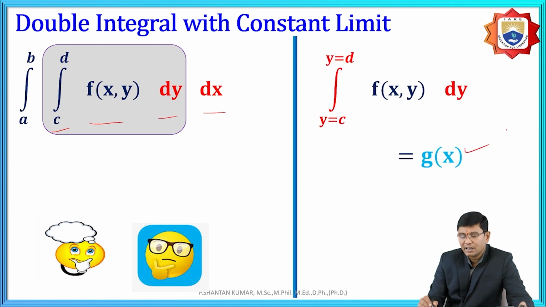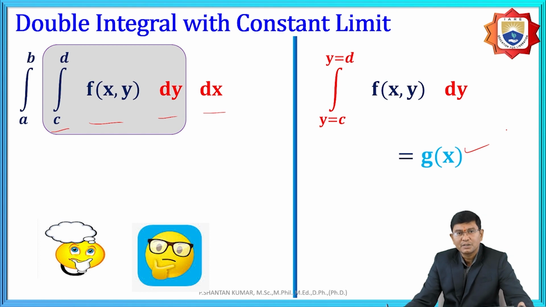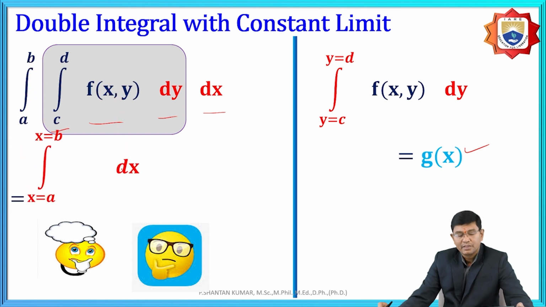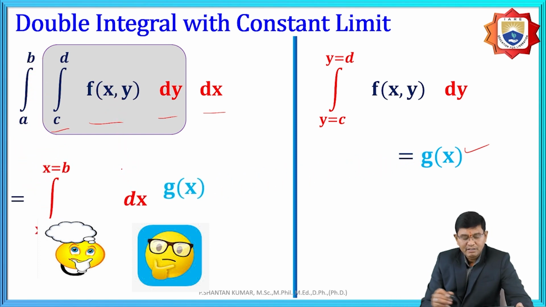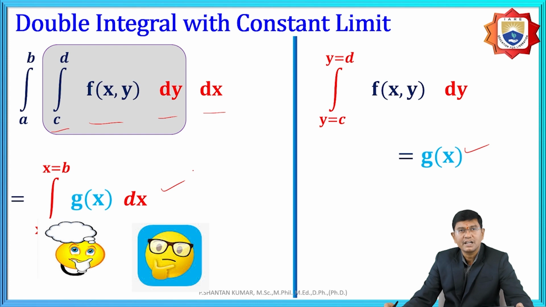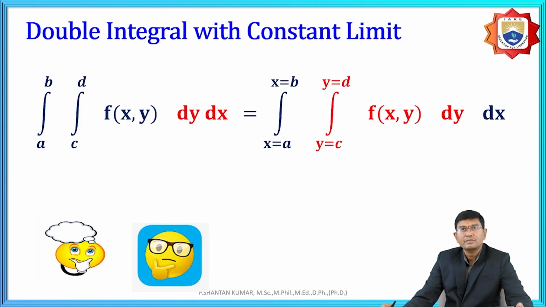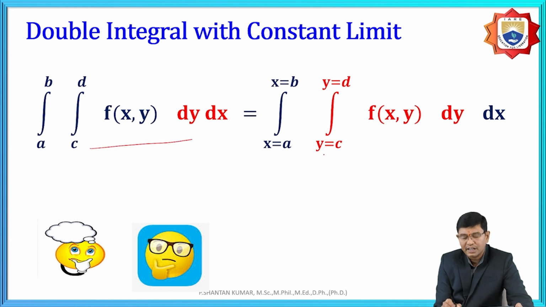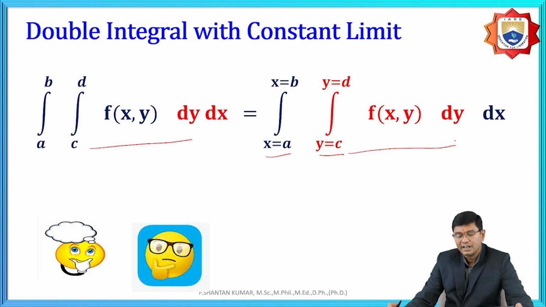After getting this, you consider that value as z of x, which can be replaced inside that part, and after that with respect to dx. This is the conclusion: first integrating with respect to dy, that is y equal to c to d, and after that x equal to a to b, with respect to dx.